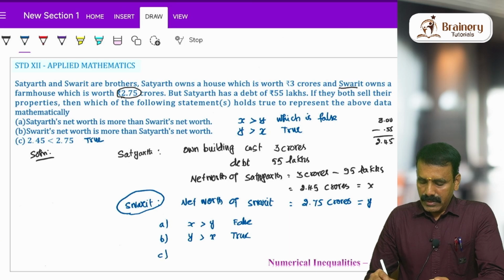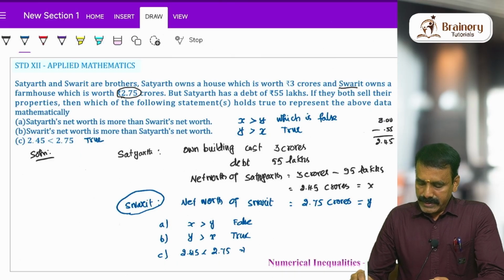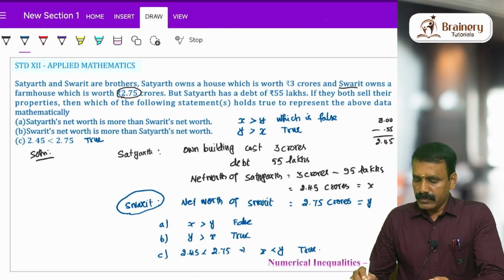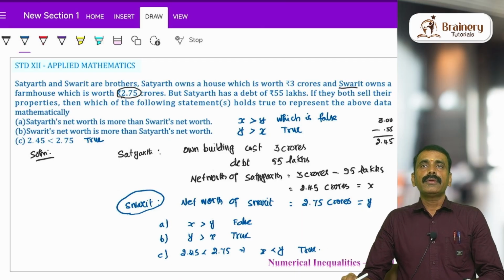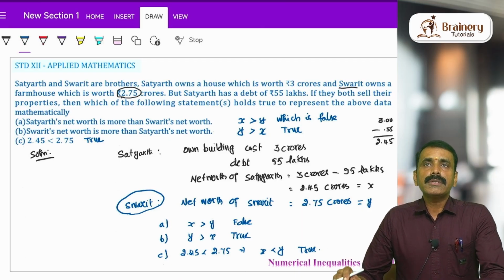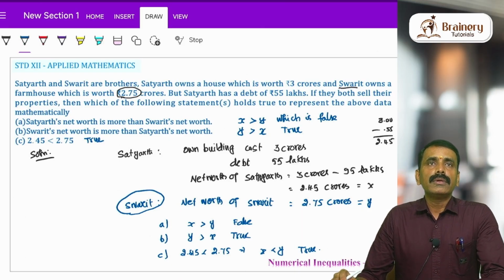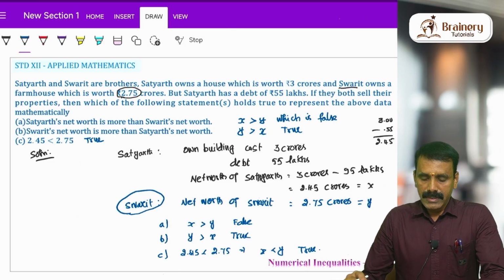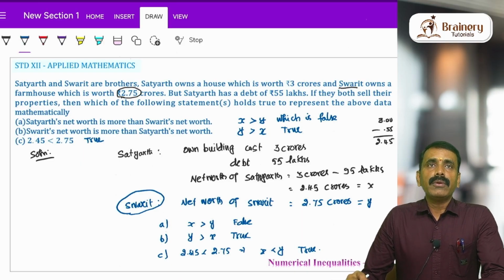And the third one, 2.45 less than 2.75, that is, 2.45 is X, X less than Y. This is also true. Okay, so these are the word problems related to simple linear inequalities.